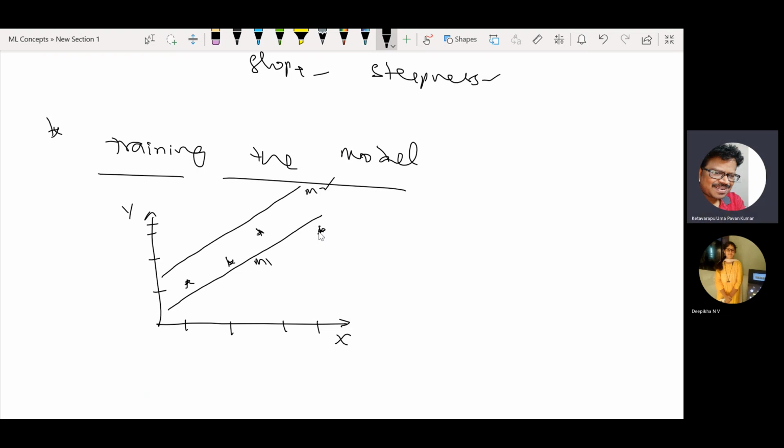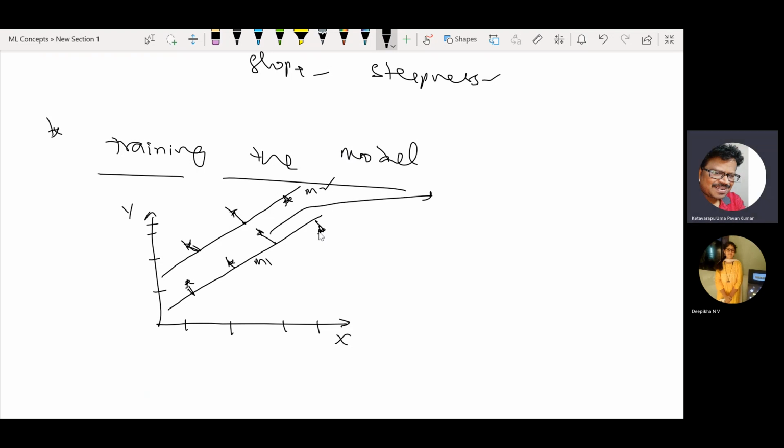Now what we need to understand is that this particular M2 may have some predictions, and there is a distance, no? Between whatever the prediction and whatever the actual value. Here also there are certain predictions and certain values. The ultimate aim is to reduce the distance of the error.